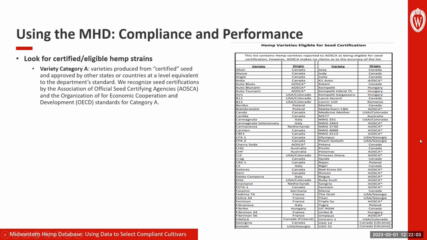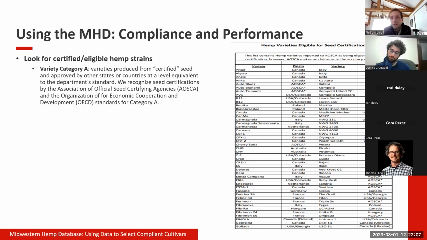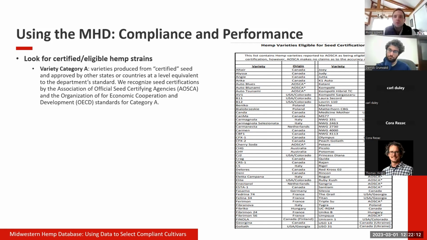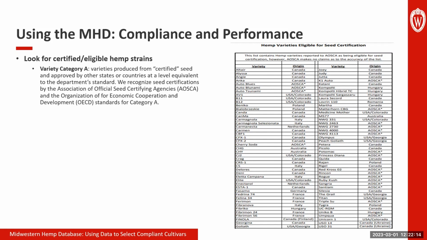But look here, because this will give us at least a starting point for varieties that are performing uniformly with some sort of expectation of how they should look and perform, the baseline for seed quality that we would expect from a commercial line. So look for certified hemp seed.